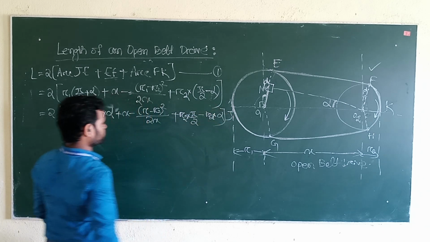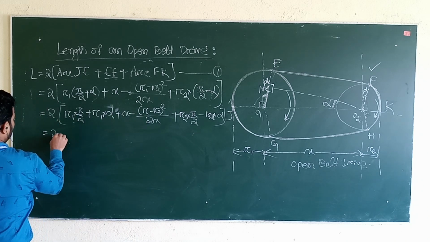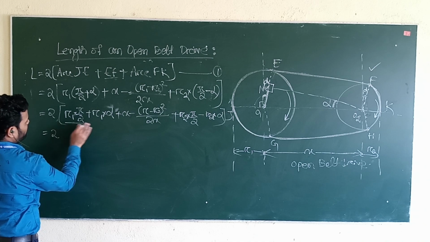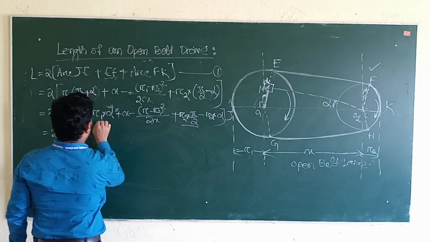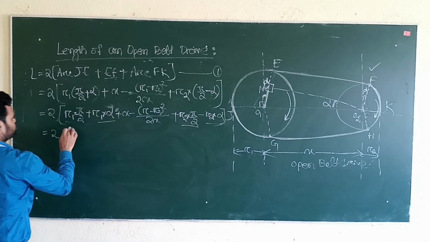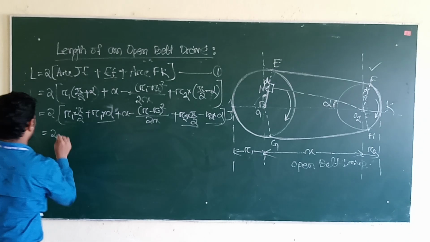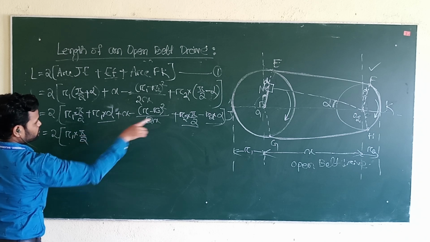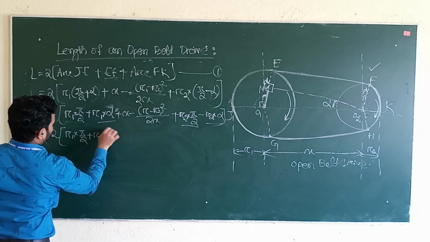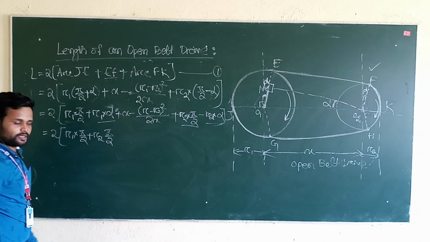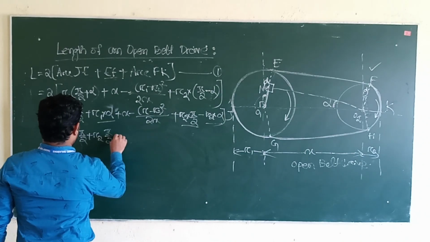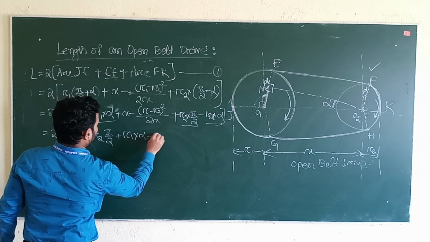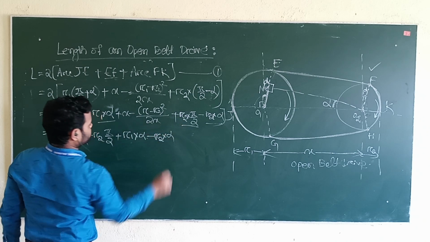Collecting terms: R1 into pi by 2 plus R2 into pi by 2, next plus R1 into alpha minus R2 into alpha.